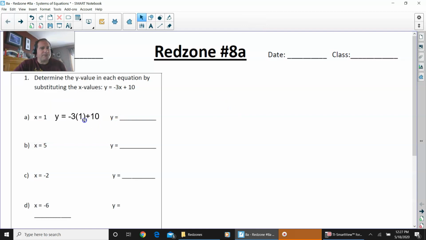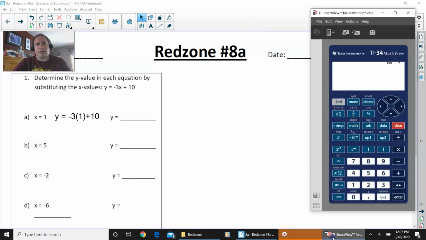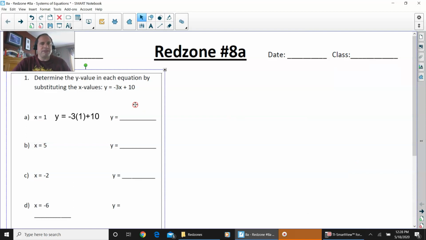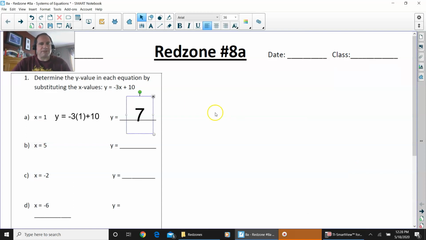You take your calculator and put in negative 3 times 1, in parentheses, plus the 10. And you get 7, so you put 7 down as your answer. And that's all you have to do.